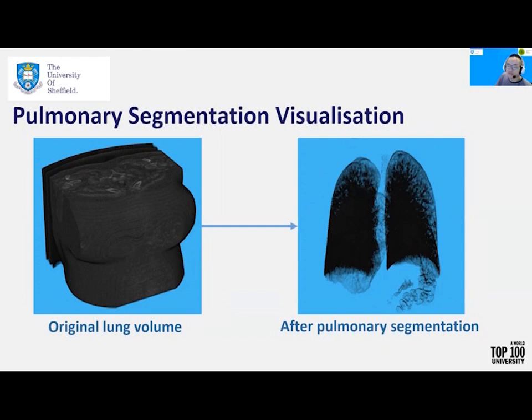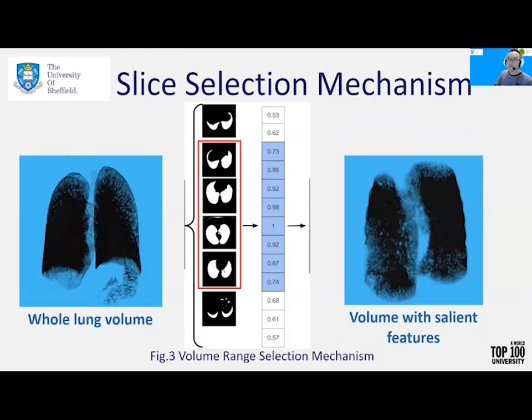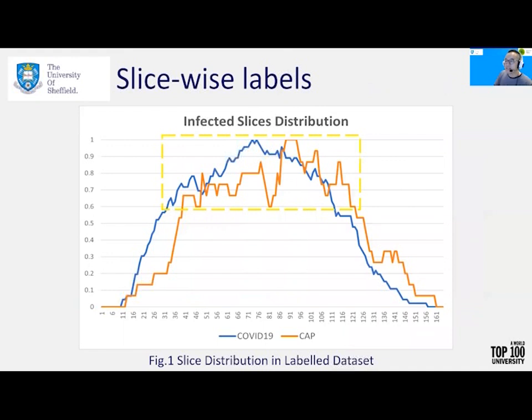The next step is also very important, which is the slice range selection. The reason why this step is essential is that if we first look at the annotated data of the original data set, the slices that are labeled with infections are mainly distributed in the central area of the volume.